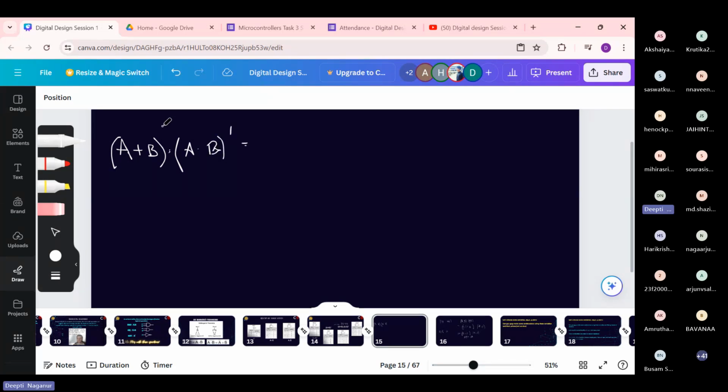When I start simplifying it, if I use De Morgan's theorem, or first let me split, I'll get a into a dot b prime plus b into a dot b prime. Now I'd use De Morgan's theorem for this.